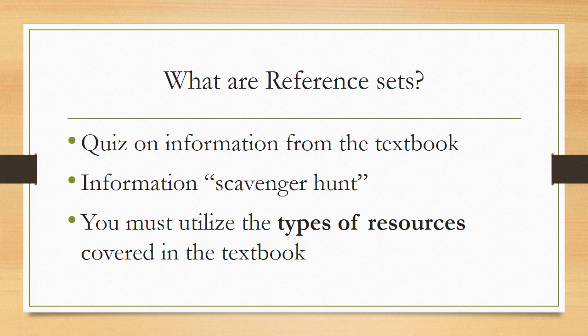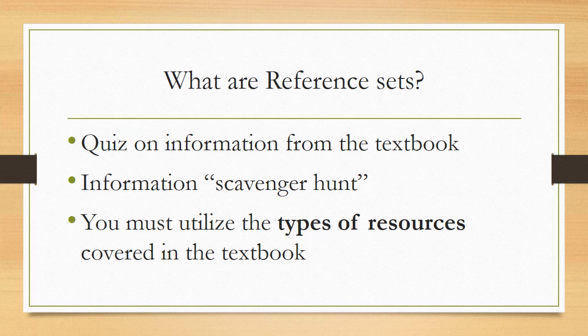The reference sets, you can think of them as quizzes on information from the textbook, but they're also a type of information scavenger hunt. You'll get specific pieces of information to find or questions to answer. And the idea here is that you're going to utilize the types of resources covered in each given chapter of the textbook.